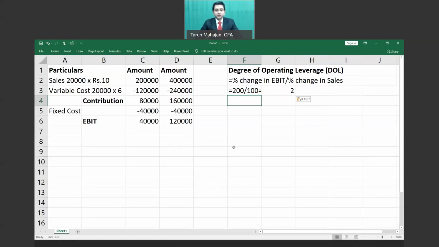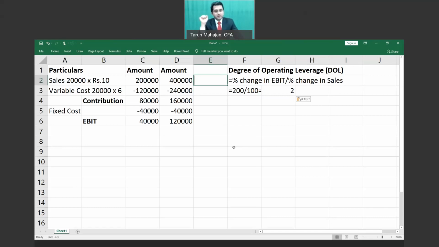Great. So look here. What does this 2 mean? It simply means that from the current level of sales, whatever change you make, EBIT will change by 2 times. Like here, if you reduce sales by 10%, EBIT will reduce by 20%.